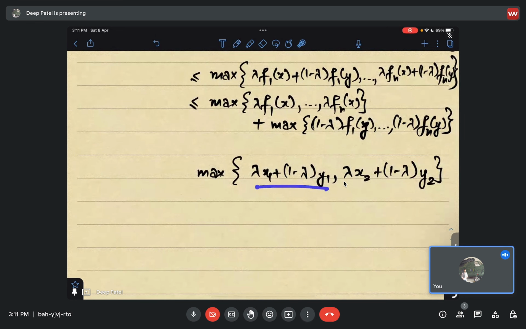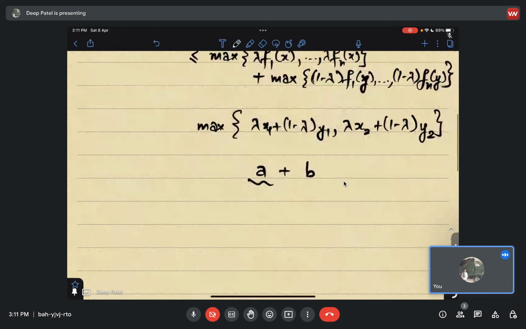So I am adding these things and then taking the maximum. So what I am saying is a plus b, and here the candidates, so I had possibilities of a1.